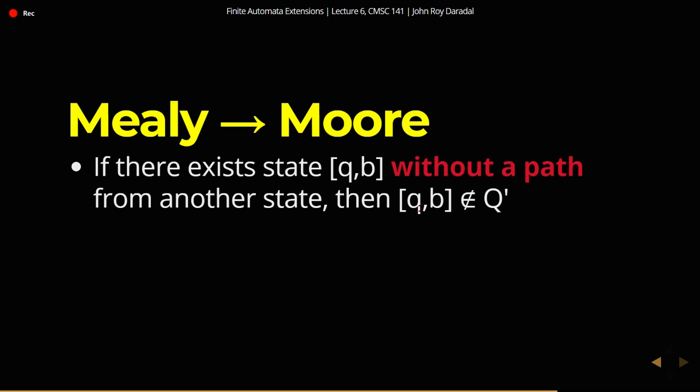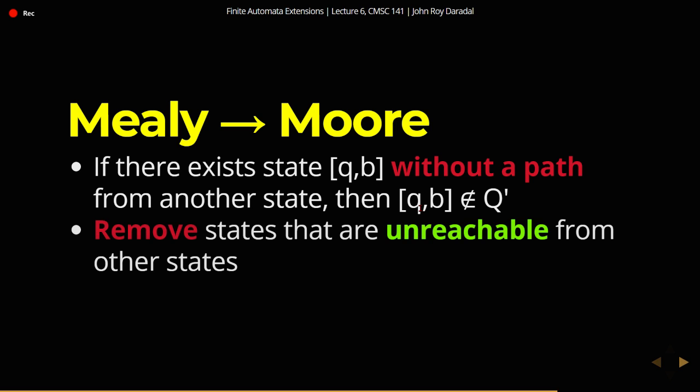If there are states that have no path from another state, so they cannot be reached, then they should not be part of the states because we cannot reach them. They are extra states that we can get rid of. So we'll remove the states that are unreachable, and we'll just keep those states that are reachable from the start state.